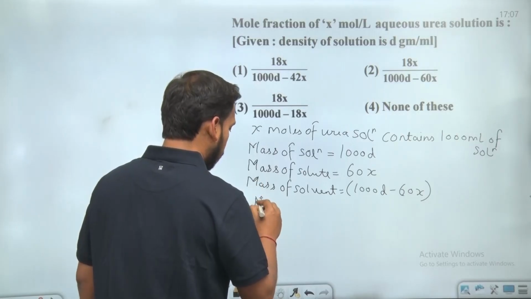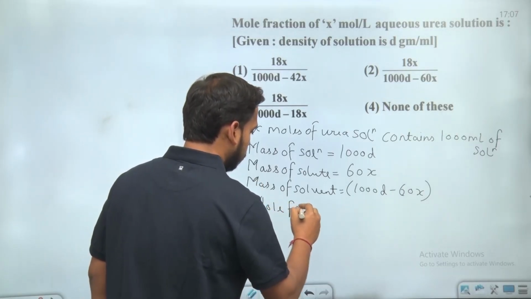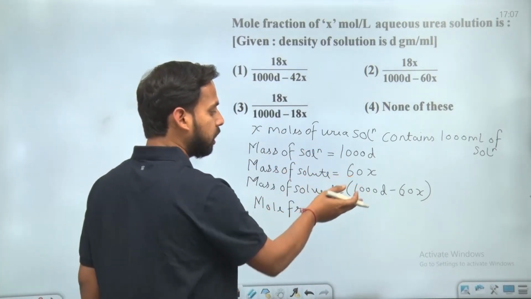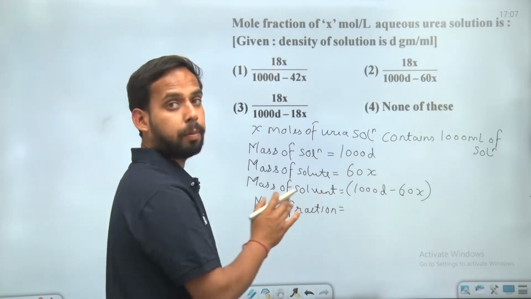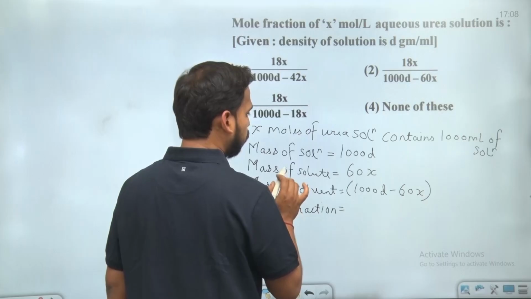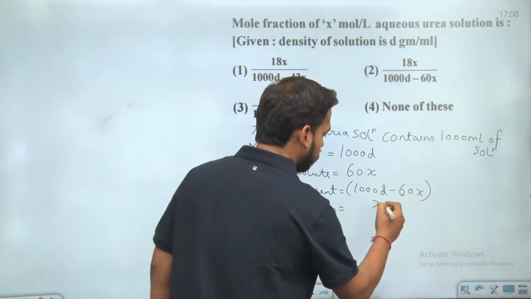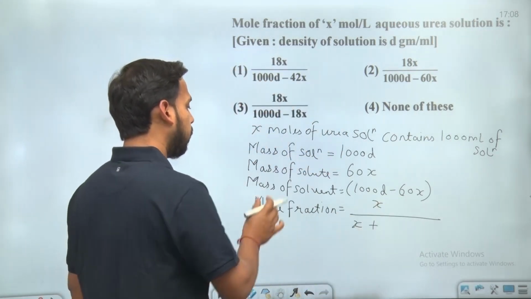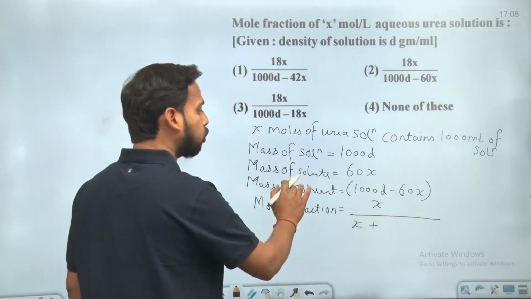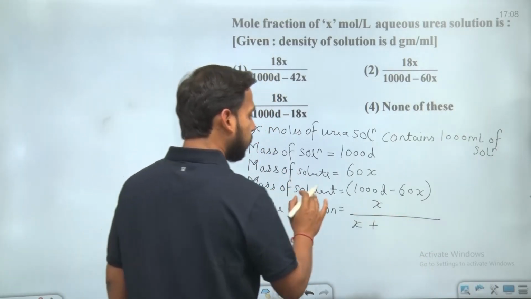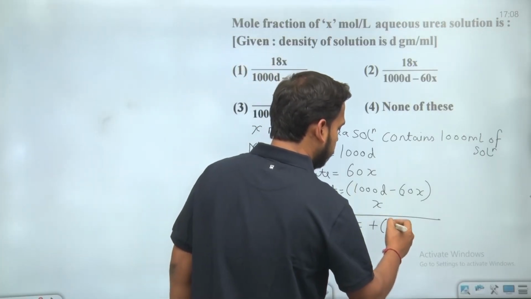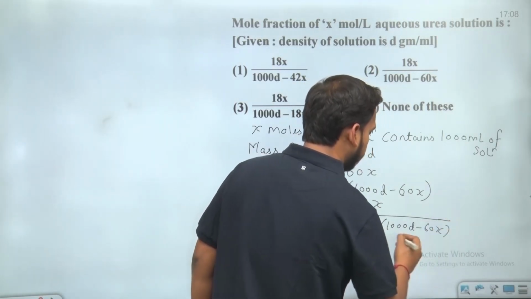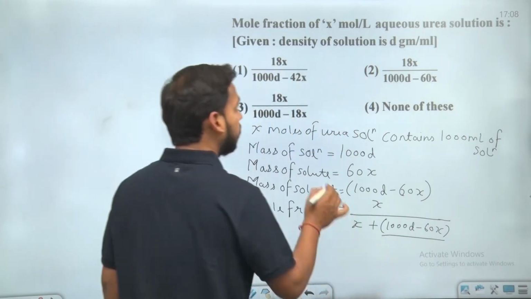And the general formula of mole fraction is the number of moles of solute divided by number of moles of solute plus number of moles of solvent. Here the number of moles of solute is x moles, so it will be x divided by x plus number of moles of solvent. The number of moles of solvent is mass of solvent divided by its molecular mass, which is 1000 D minus 60x divided by 18, as the solvent is water.